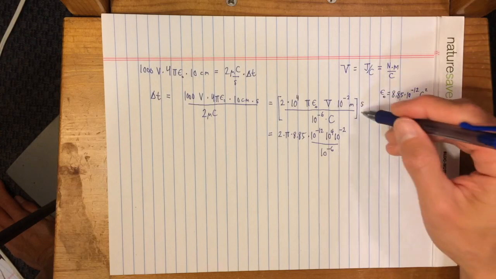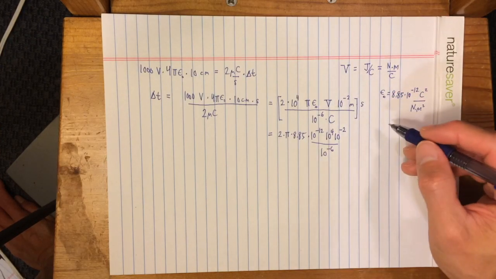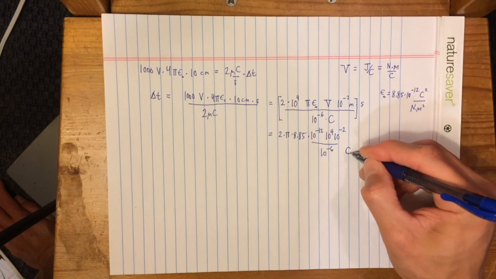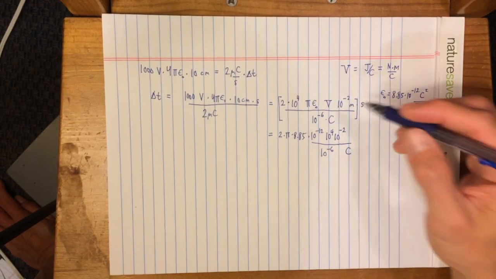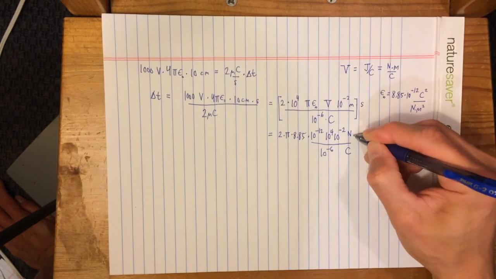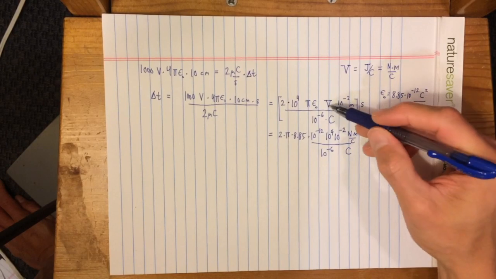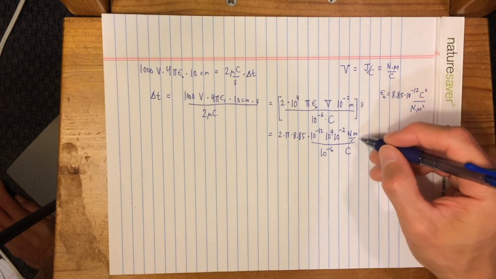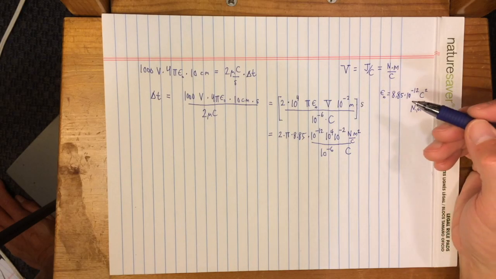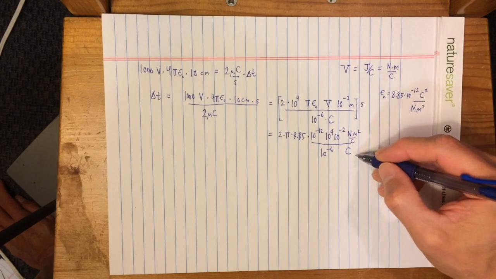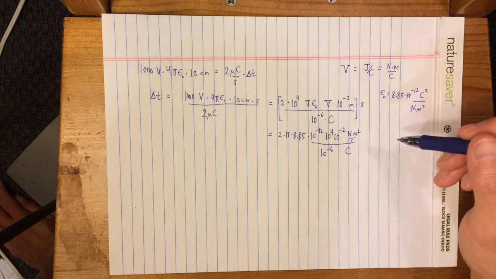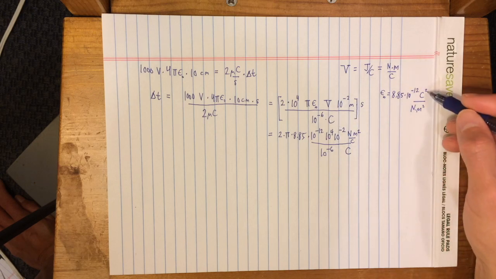So I'll just do the volt and the meter together and leave the second for later. I'll put coulombs on the bottom. The volt is a Newton meter per coulomb, right? That's from the volt. I've got another meter from this meter here. I've got the coulombs on the bottom, but the thing that I didn't bring along quite yet was epsilon 0.